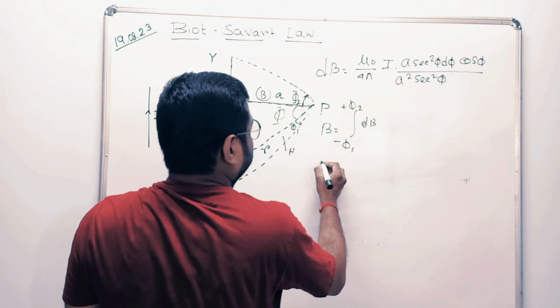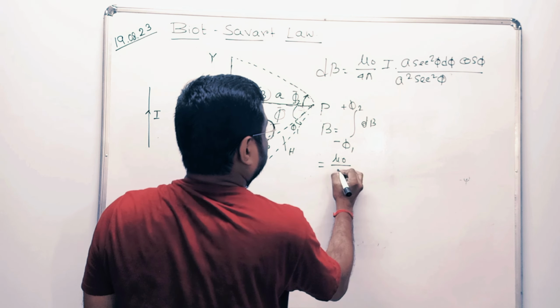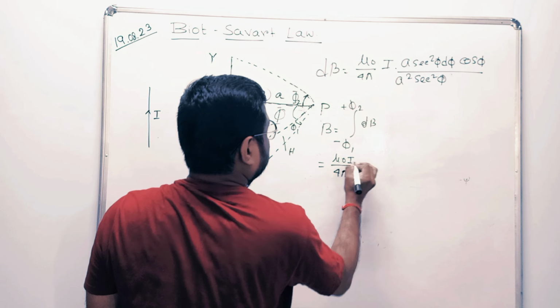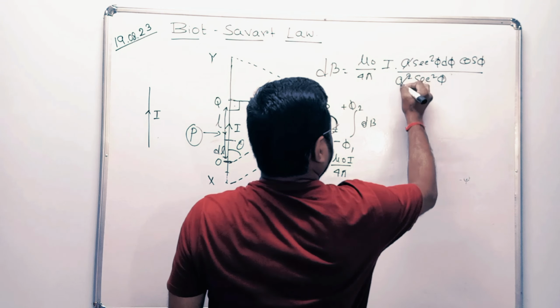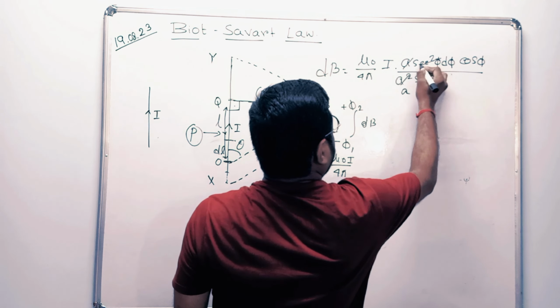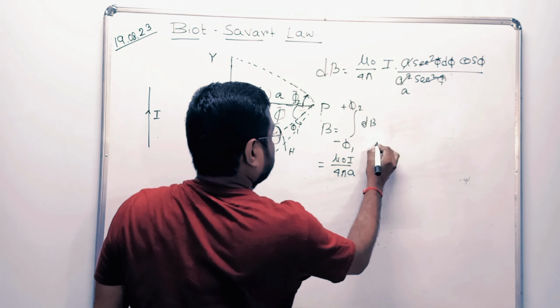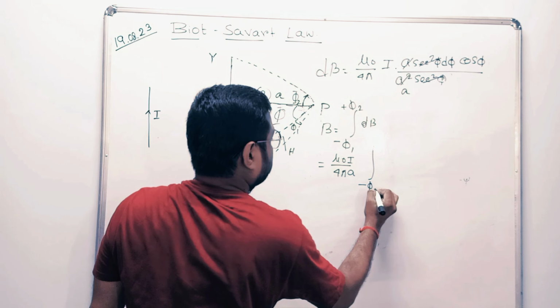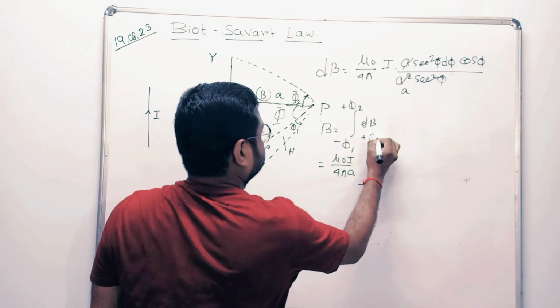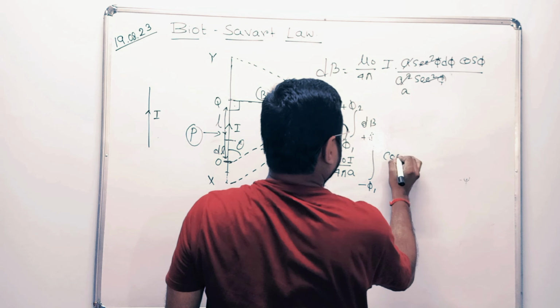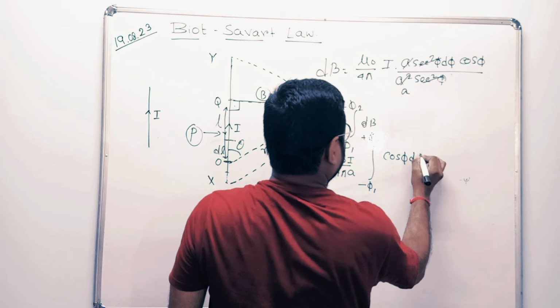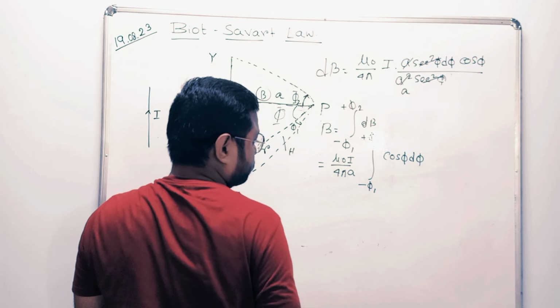So put the value mu naught I by 4 pi. Here a cancels out, sec square phi cancels out. So mu naught I by 4 pi a, integration from minus phi 1 to plus phi 2 of cos phi d phi, which becomes sin phi.